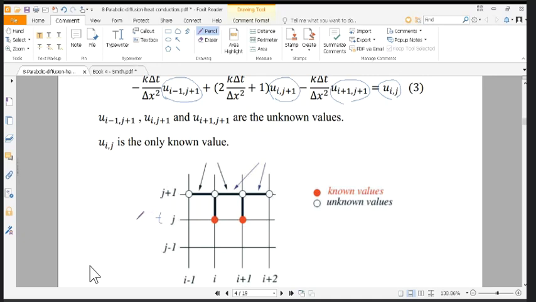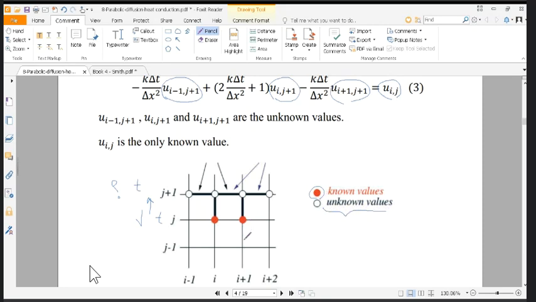If we are at t j, the value of u at t j is known. But at the next time step, t j plus 1, the value of u at this time level is unknown. The red point is the known value, and the white points are the unknown values.